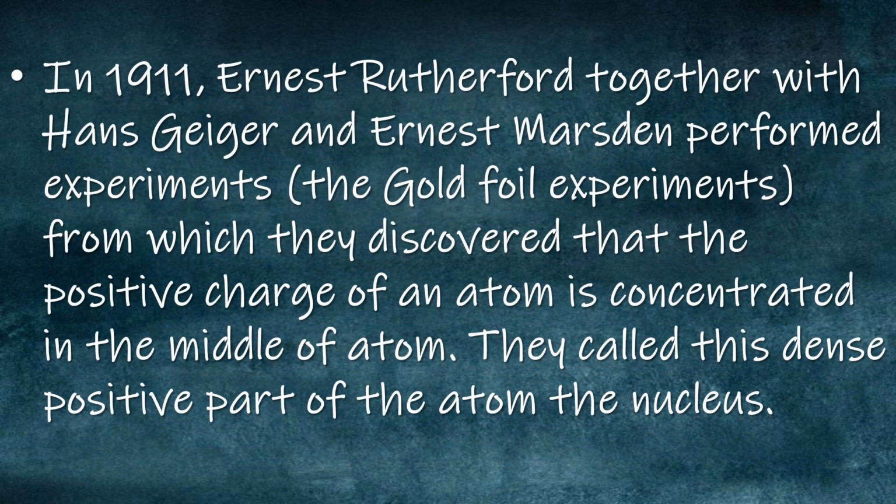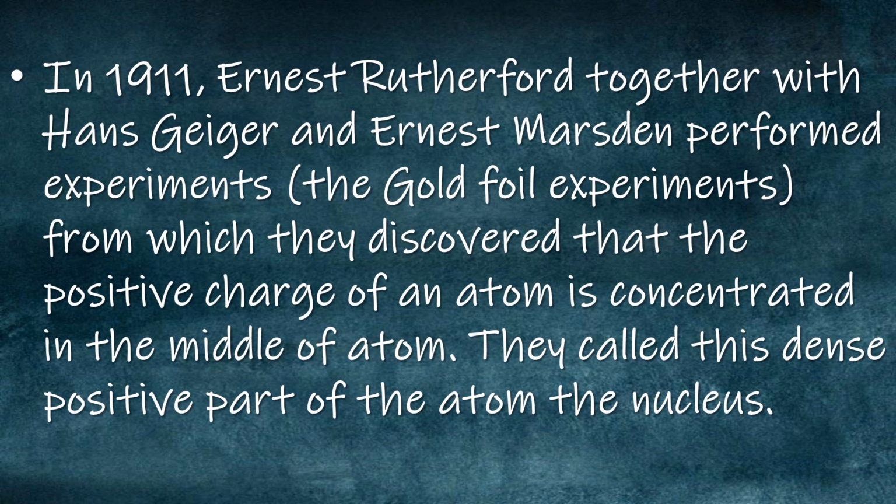In 1911, Ernest Rutherford, together with his partners Hans Geiger and Ernest Marsden, performed experiments. These were basically the gold foil experiments, from which they discovered that the positive charge of an atom is concentrated in the middle of an atom.